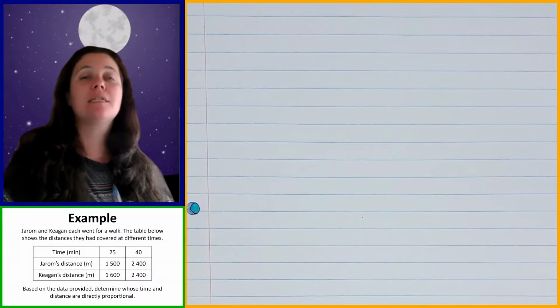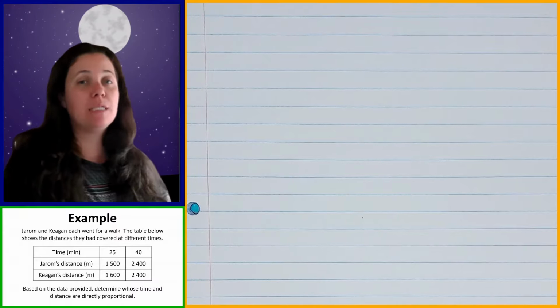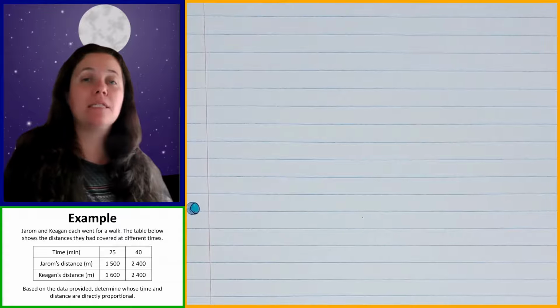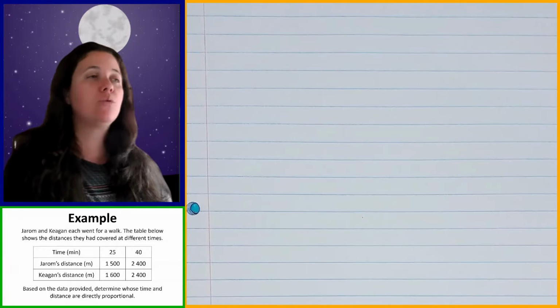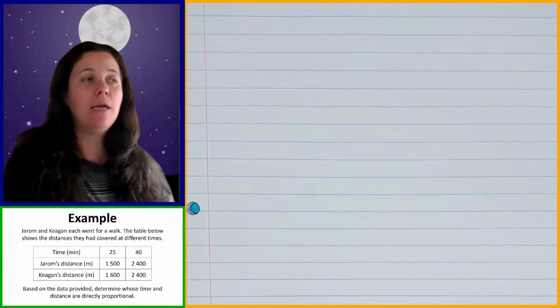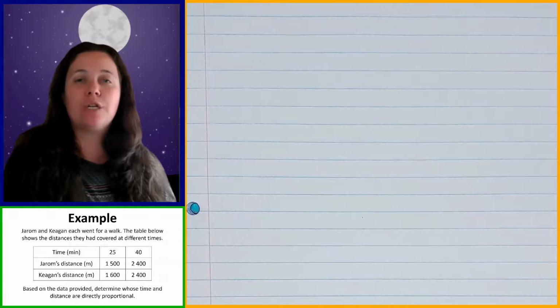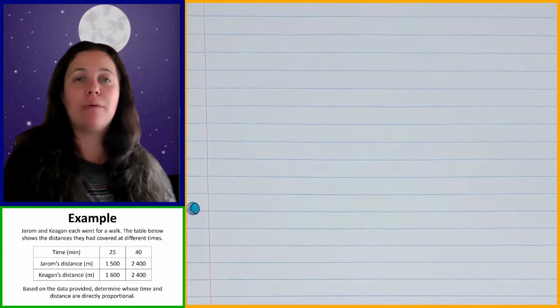I need to be consistent in the way that I do this though. I can choose if I want to divide distance by time or if I want to divide time by distance. I'm not trying to work out speed specifically. If I was wanting to work out the speed, I would have to do distance divided by time, because that's how you work out speed. But in this case, I'm not being asked to work out the speed. I'm just being asked to work out if the two variables are directly proportional.